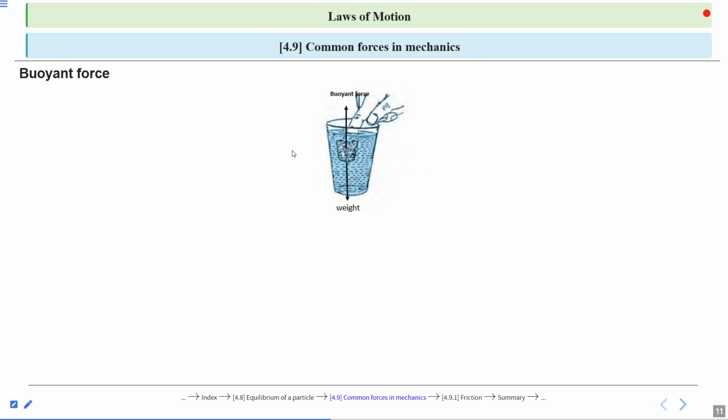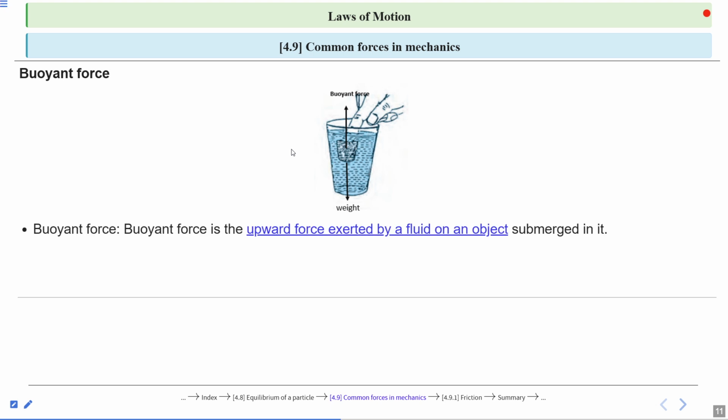Next force is buoyant force. The buoyant force is the upward force exerted by a fluid on an object submerged in it. Look at the figure. Here we have a block.